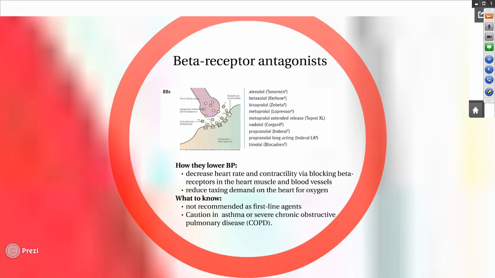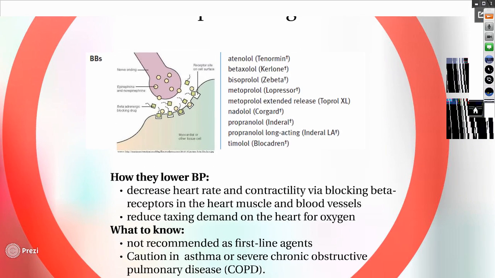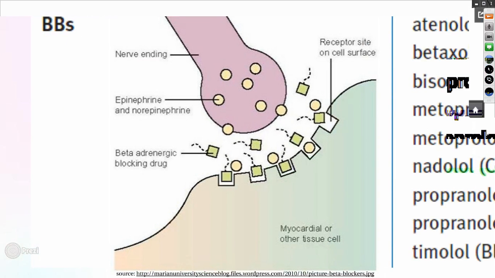Epinephrine and norepinephrine bind to beta receptors. So here's your heart tissue. Here's your receptors. And we see this nerve ending is releasing epinephrine and norepinephrine. Beta blockers come in and block the binding of epinephrine and norepinephrine, thereby slowing the heart's what?